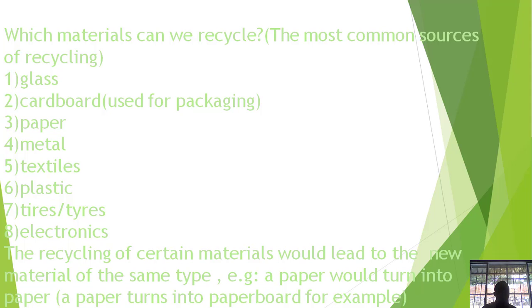Metal can also be recycled to make other products made of metals. Textiles, like clothes. If you have very old clothes, they can also be recycled to make other new materials made of textile. And then plastic.